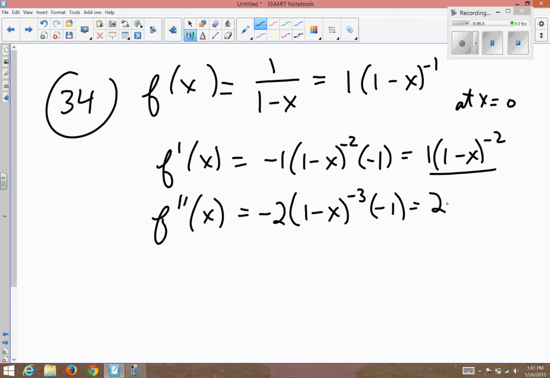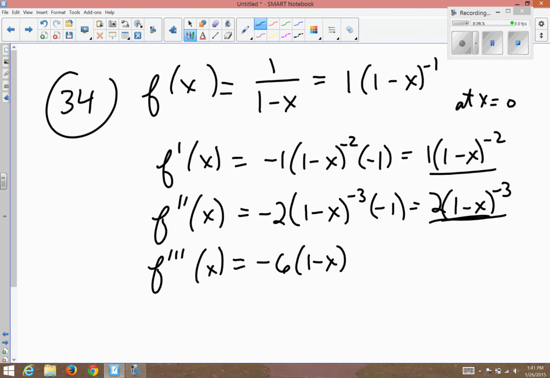That becomes positive 2 times 1 minus x to the negative 3. The third derivative coming from this is going to be negative 6 times 1 minus x to the negative 4 times the derivative of what's in the parentheses. That becomes positive 6 times 1 minus x to the negative 4.